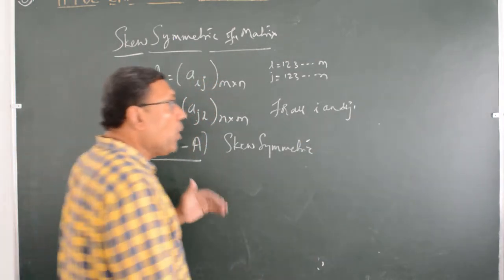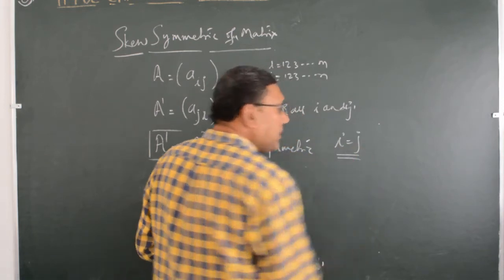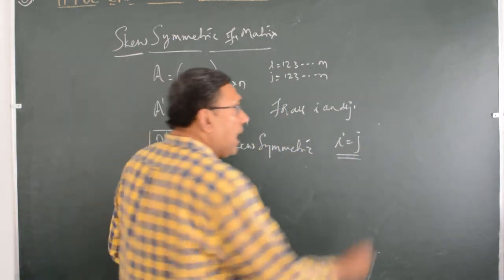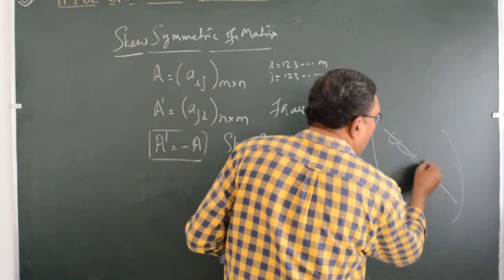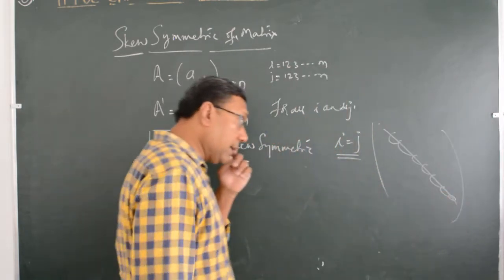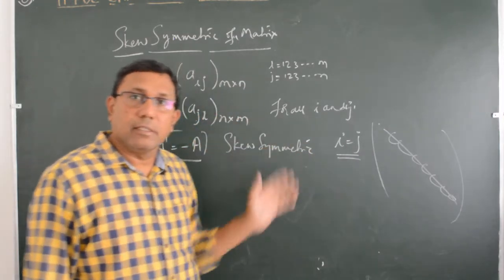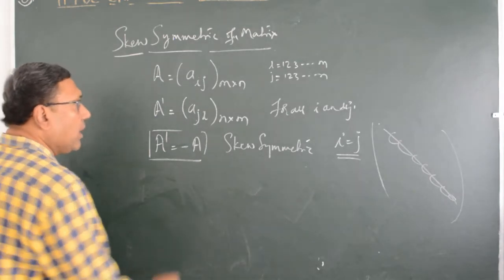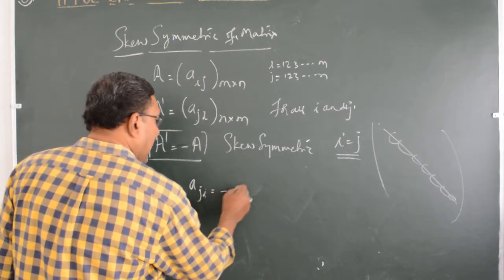What happens if i becomes j? I am discussing the diagonal entries of a matrix. When i is equal to j, it turns out to be a diagonal entry. What happens? a_ji is equal to minus a_ij.